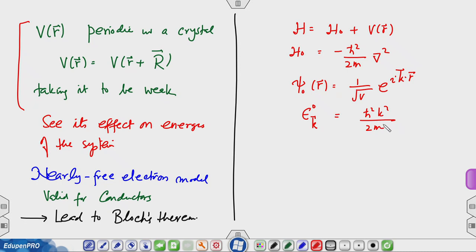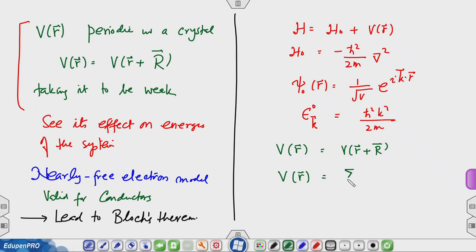The new thing is that now I have a potential V(r), which is periodic, and therefore, this can be expanded in terms of reciprocal space vectors.